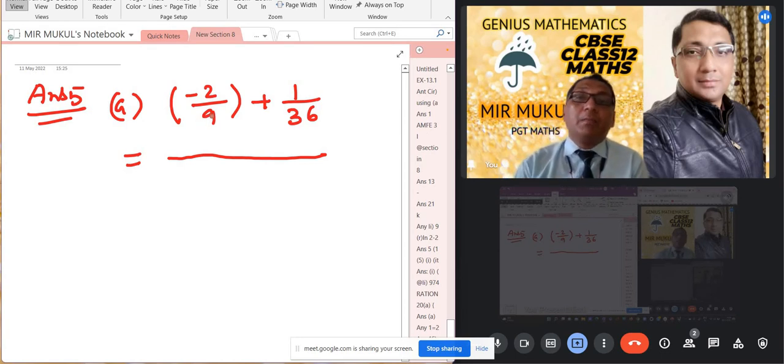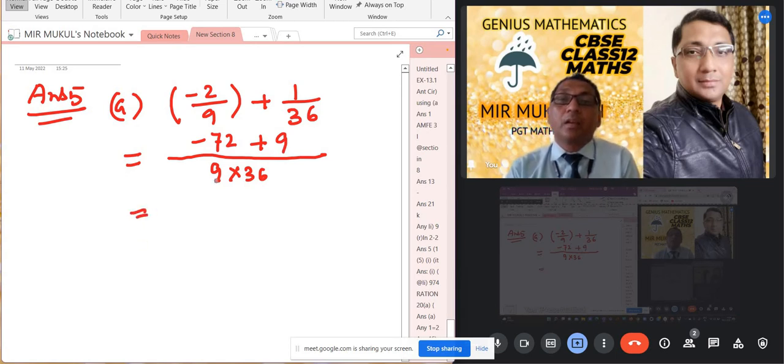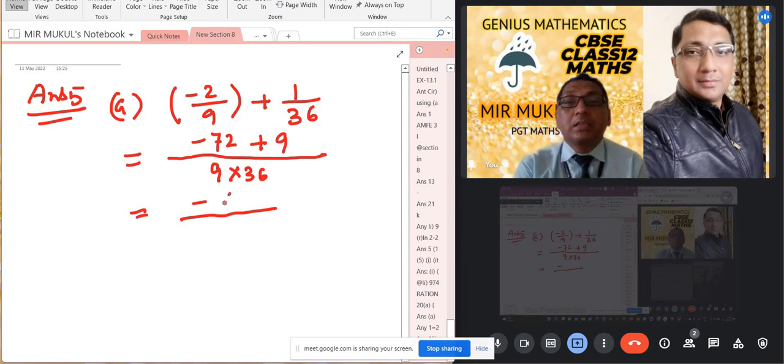You can remember, multiply the denominators, that means 9 into 36. Then crosswise multiply. 36 into minus 2 is minus 72. And 9 into 1 is 9. Now minus 72 plus 9 is minus 63. And 9 into 36.